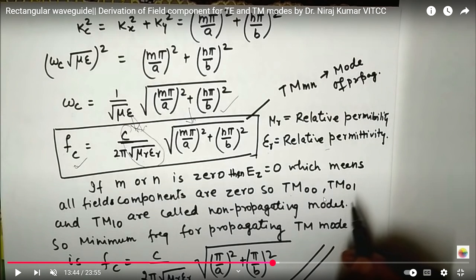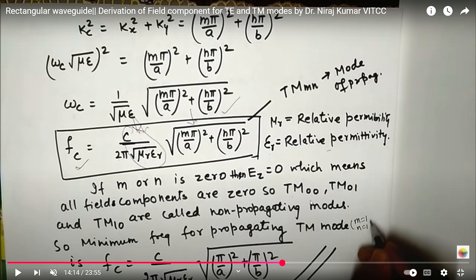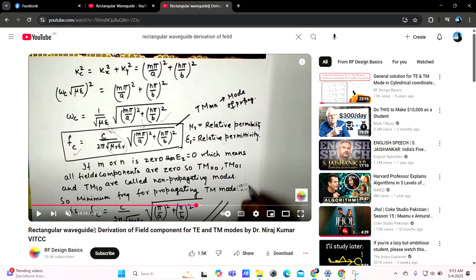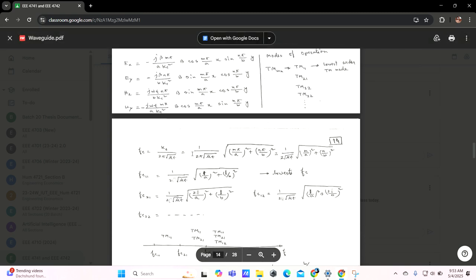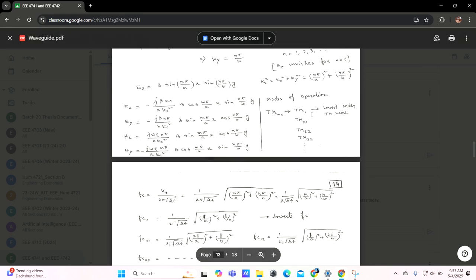So TM00, TM01 and TM10 are called non-propagating modes. So the minimum cutoff frequency for the TM propagating mode can be found this way. This line is important: if m or n is equal to 0, we get Ez equals 0. Nothing matters.